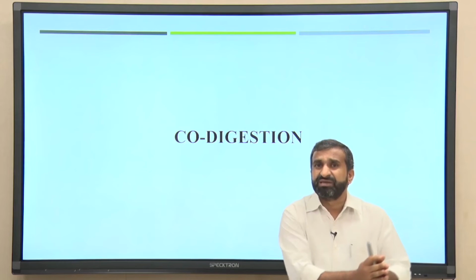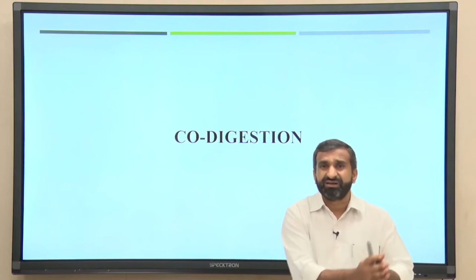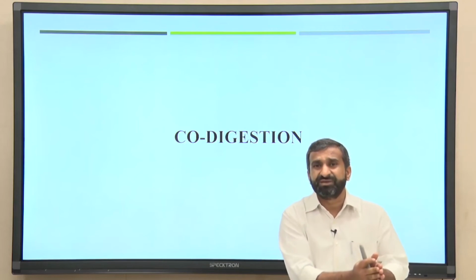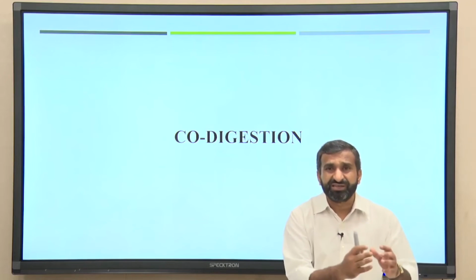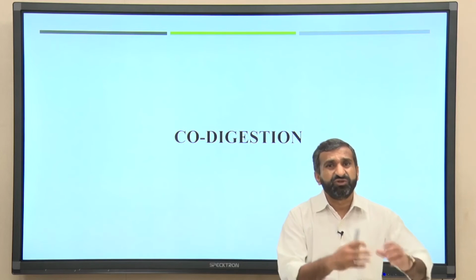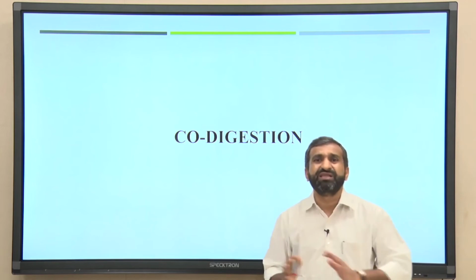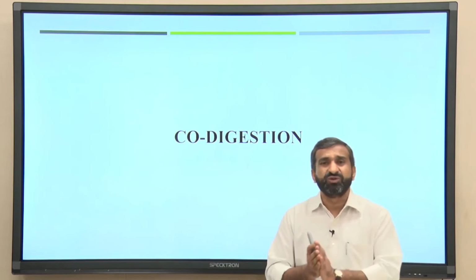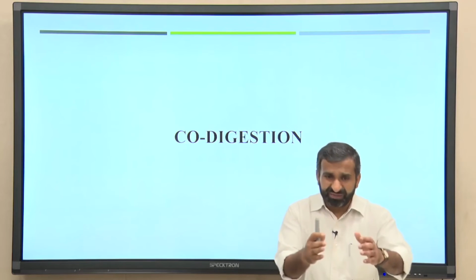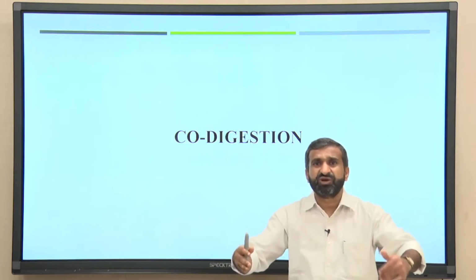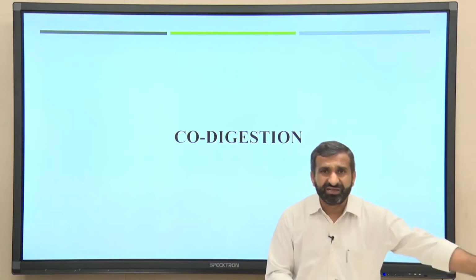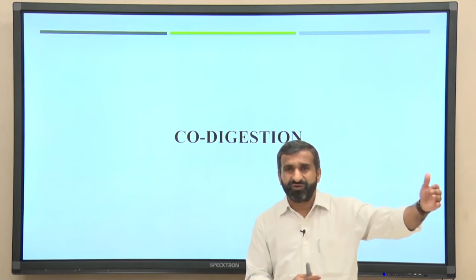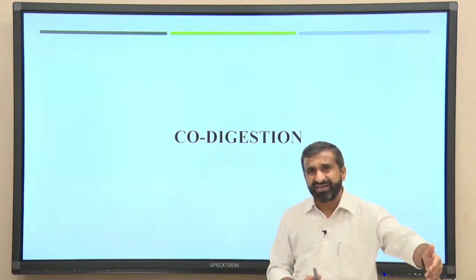physical pretreatment, under which mechanical pretreatment is more beneficial, and there also shredding or grinding by itself is highly beneficial for the anaerobic digestion process. So, I believe that whenever you install any reactor, you should have one grinder or shredding process. What should be the target of this grinding process?